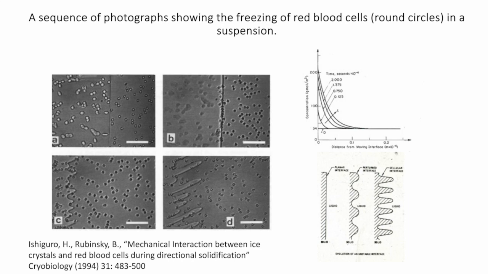Now, phase transformation temperature depends on the concentration of salt. That's how we melt ice in the winter on the roads. And by the way, these dots here are red blood cells. The same thing happens to the red blood cells. As we freeze, you can see here the salts and the red blood cells gather at the interface.